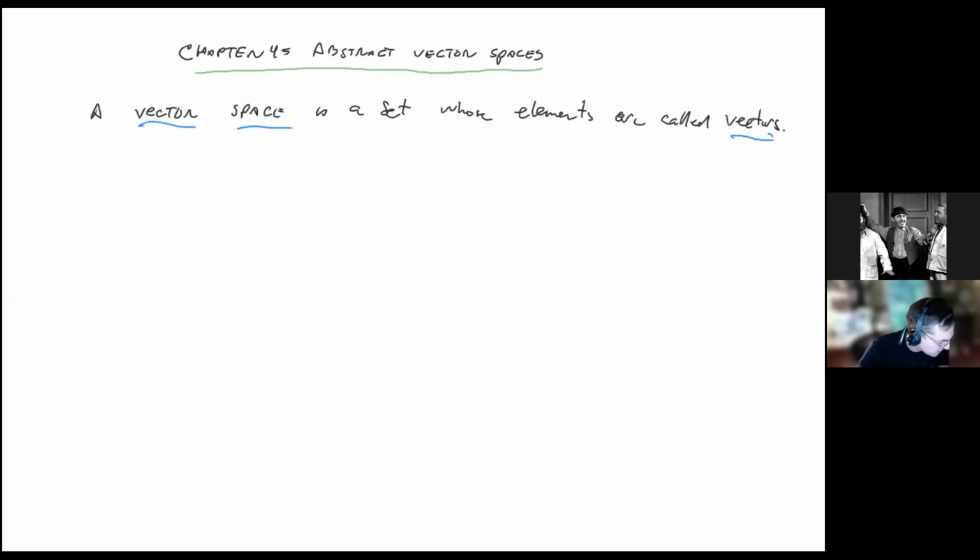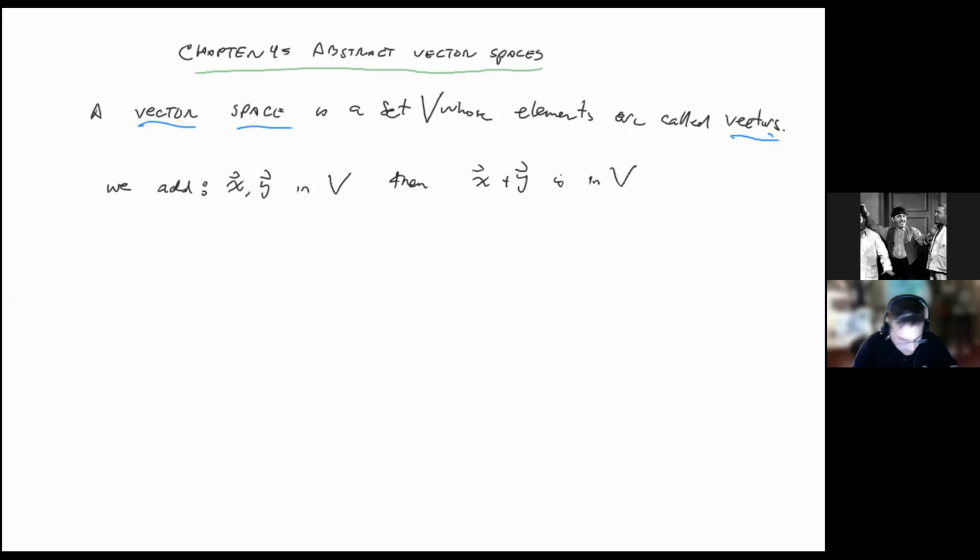And what can you do with these vectors? So what can we do with them? So that's the question. So we can add vectors. So if we have two vectors, so let's call the set V. So if X and Y are in V, then there's some operation X plus Y, which also is in V. So there is some operation called vector addition, and we'll see examples.